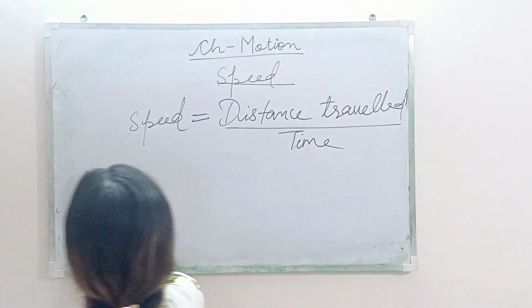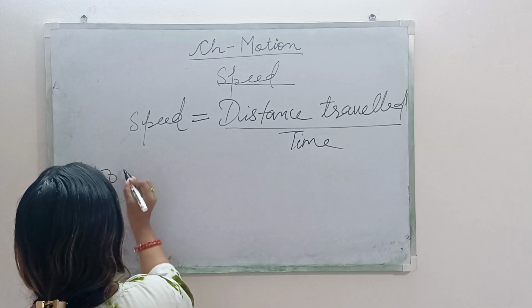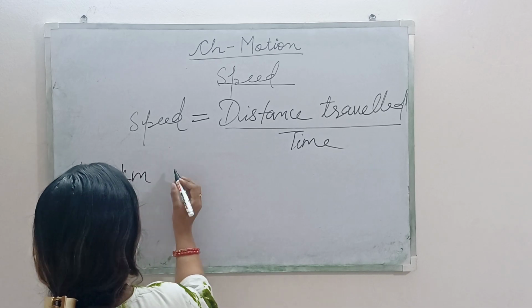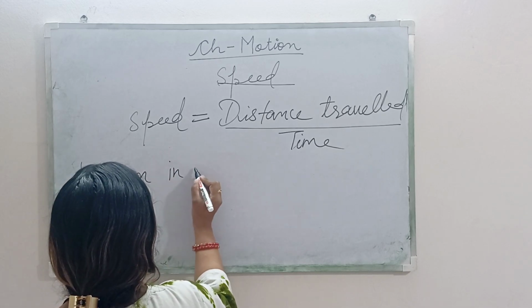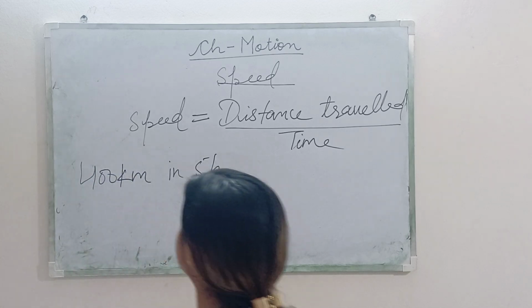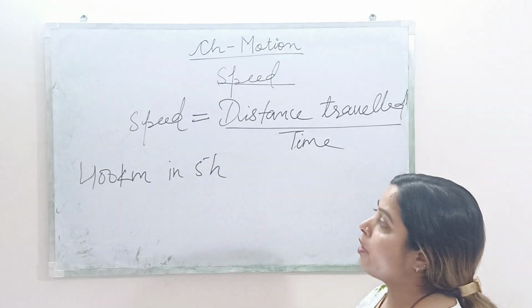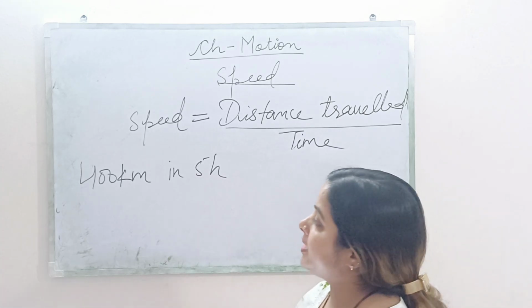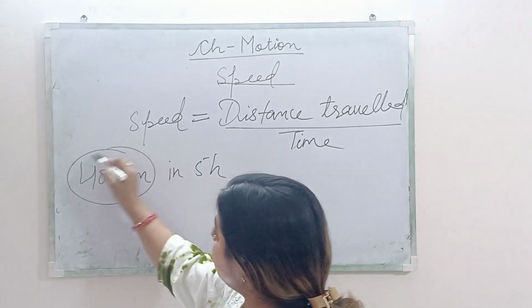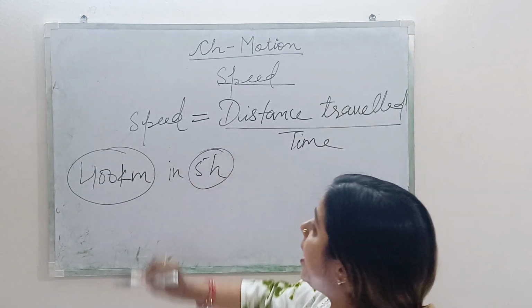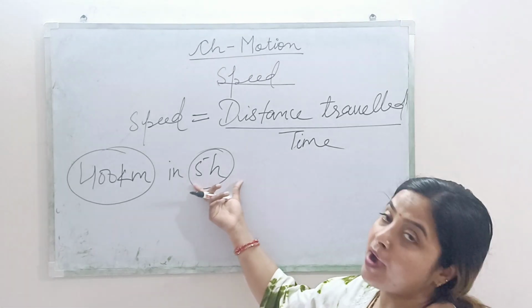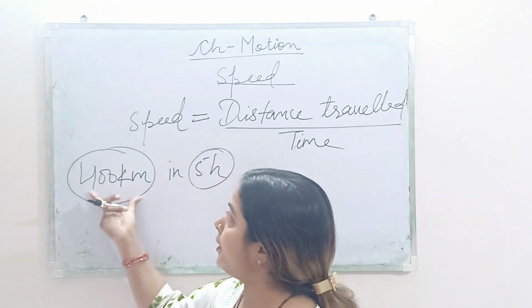Suppose the object covers 400 kilometer in 5 hours. So what will be the speed of the body? What is the distance traveled? 400 kilometer and time 5 hours. Means in total 5 hours it has covered 400 kilometer.